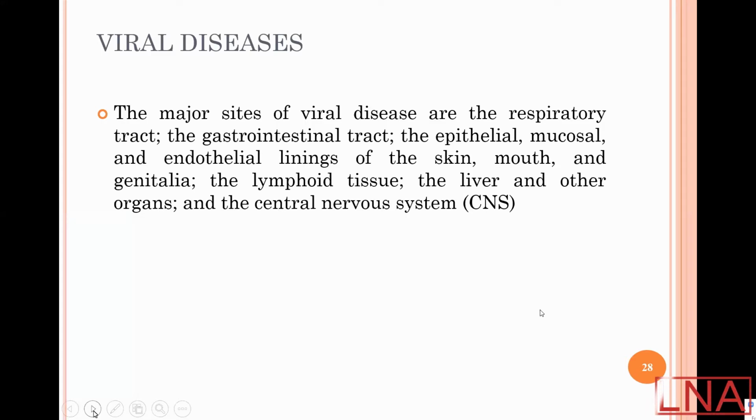Epithelial cells, mucosal, endothelial cells of skin, mouth, and genital organs, and lymphoid tissues can also be infected. Of course, the liver and other inner organs can be infected, and of course, the central nervous system.